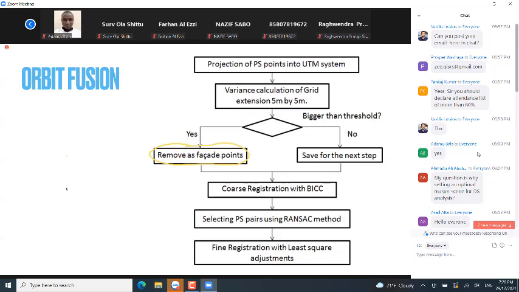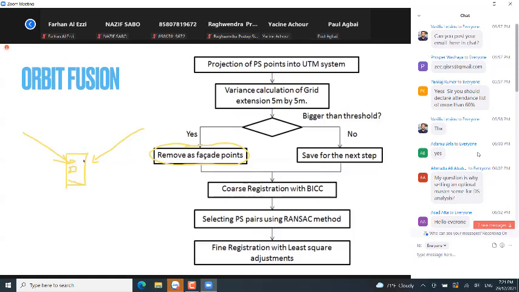So if you have a building, please excuse my very ugly painting, and we have PS points here, for example at the windows, if we look at them from one direction, they form PS points, but if we look from the other direction, then we will not see the same building facade, right? Because in 3 dimensions, something like that. I don't know how to do that without breaking my arm.